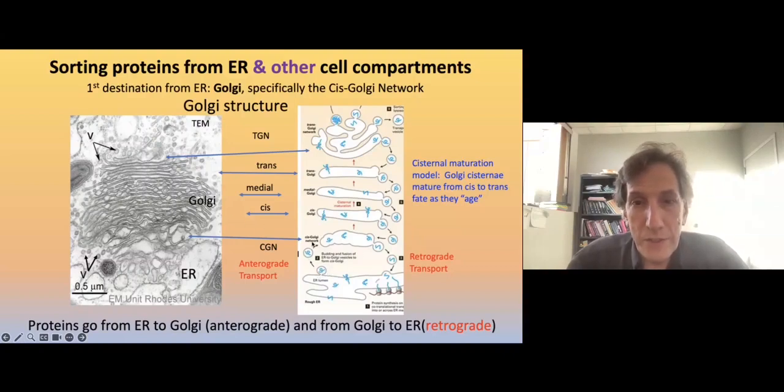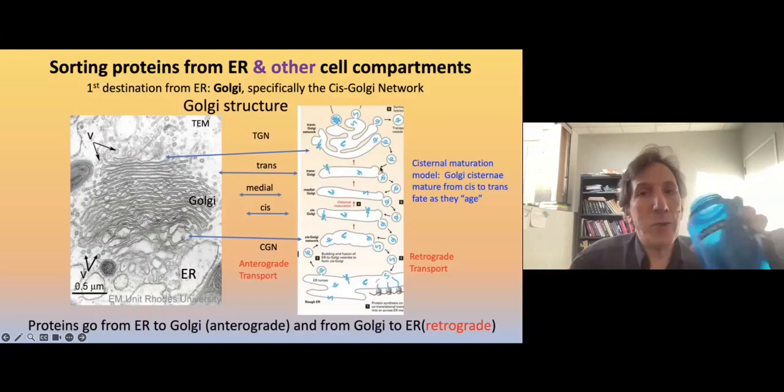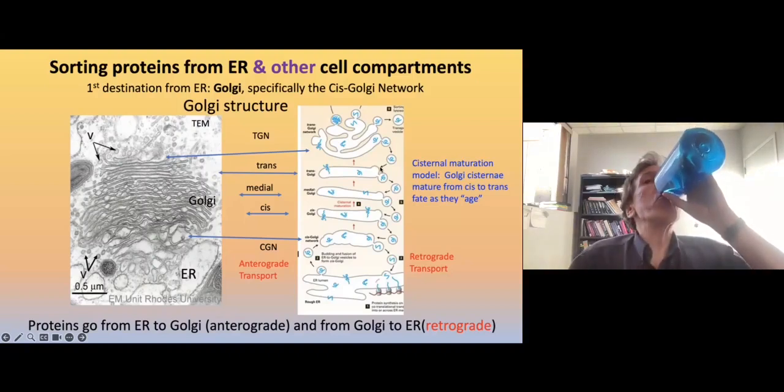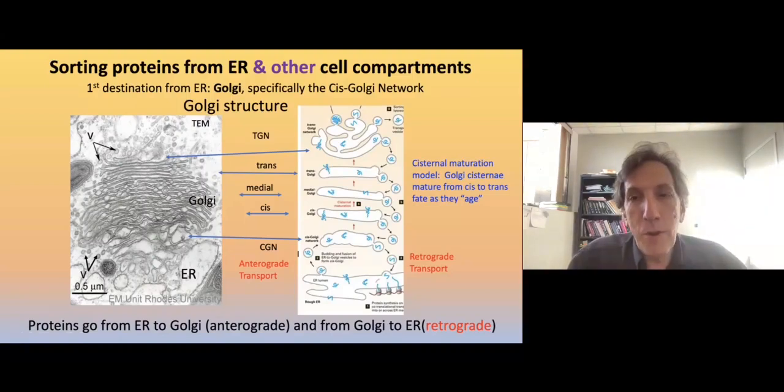These vesicles are called anterograde transport, the ones that move from the ER to the Golgi. And there's also a lot of vesicles that are moving from the Golgi back to the ER, and that is called retrograde transport. You can see that that's a complex process, involving a lot of different vesicle switches from one compartment to another, but always in the direction back toward the ER.